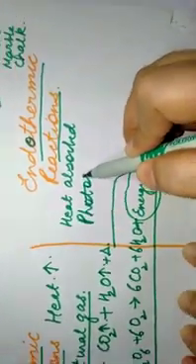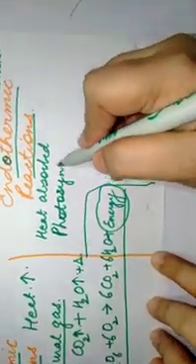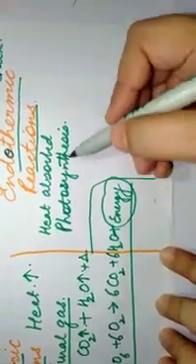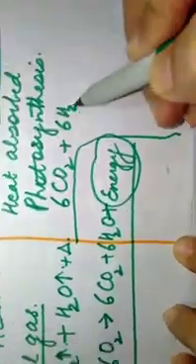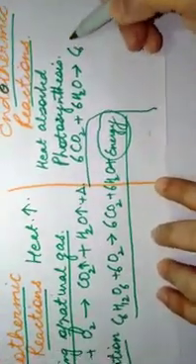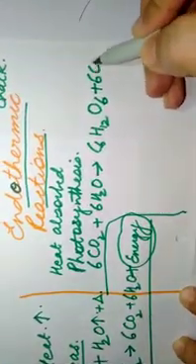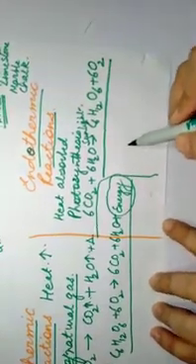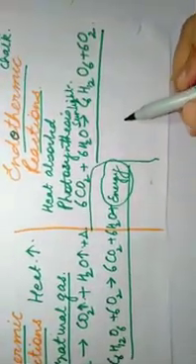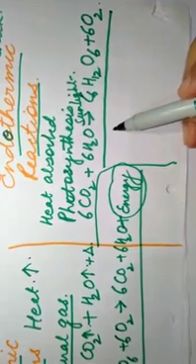Photosynthesis is an endothermic process, and the reaction is the reverse of respiration. 6 CO2 combines with 6 water molecules and forms C6H12O6, that is glucose, plus oxygen gas is evolved. So photosynthesis is an endothermic reaction where energy is absorbed in the form of sunlight. Then we have many examples of endothermic reactions which we will study in decomposition reactions.